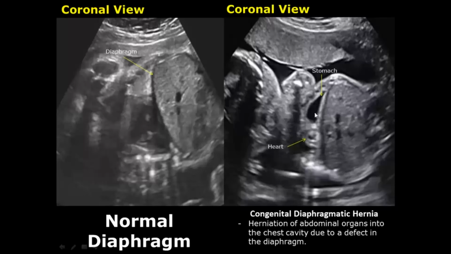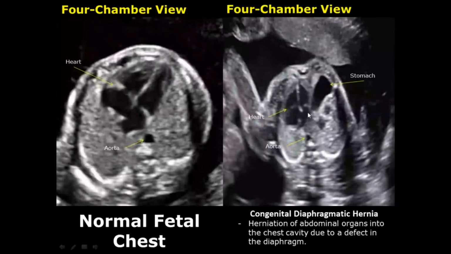Here we can see the stomach is in the thoracic cavity. The stomach will appear as a cystic structure because it is fluid filled, so it is anechoic. And here we have a four-chamber view showing the normal thorax with the heart. And here we have the stomach right next to the heart, and the heart is also displaced towards the right side.